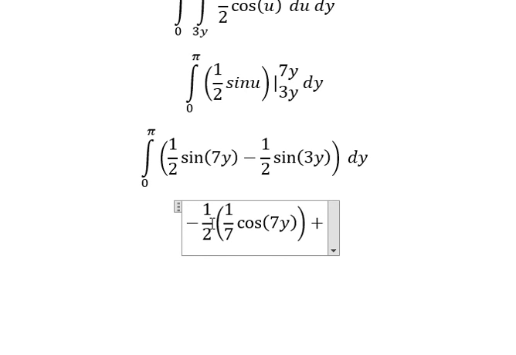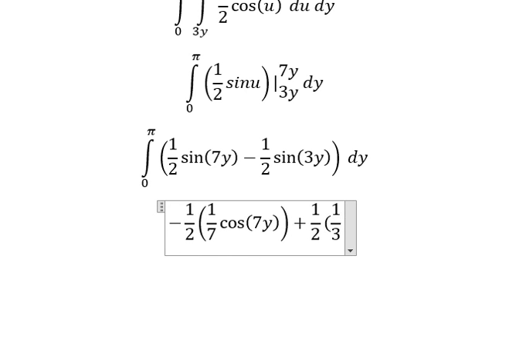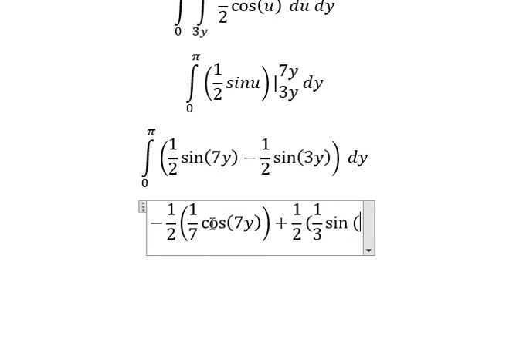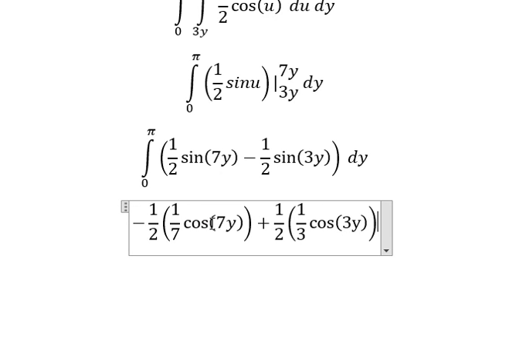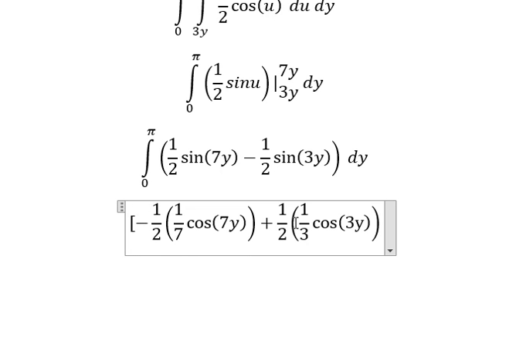And the next one, positive 1 over 2, 1 over 3 cosine of 3y. And then we put the bounds from 0 to b.